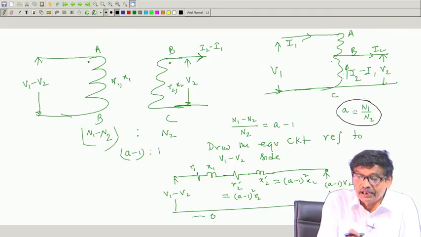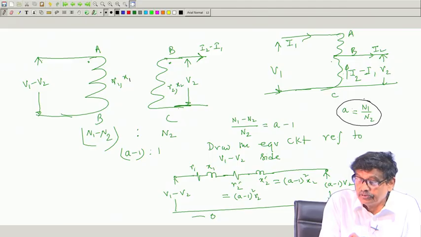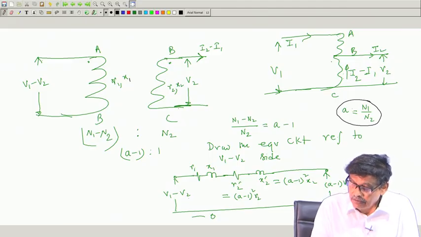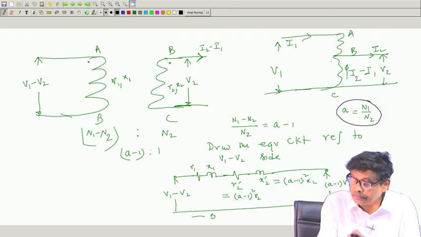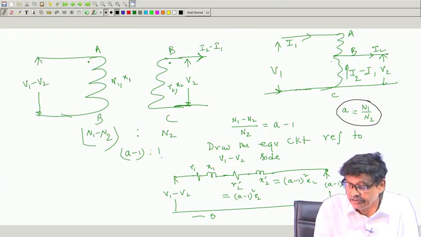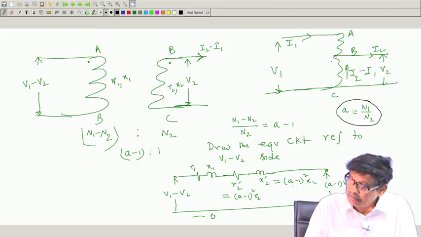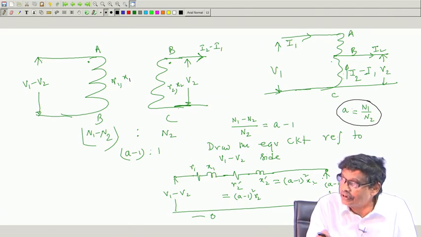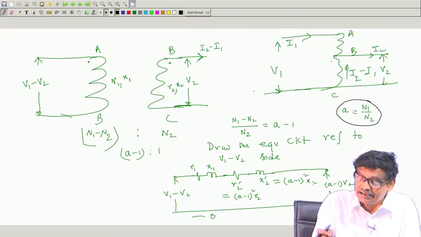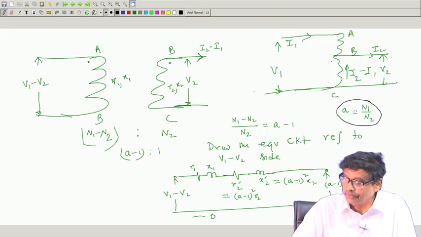Therefore, the equivalent circuit referred to the V 1 minus V 2 side of these two coils will be like this: V 1 minus V 2, R 1, X 1, then these parameters referred there with this turns ratio. So A minus 1 whole square into X 2, and R 2 dash will be A minus 1 whole square into R 2, and here you will get the actual voltage V 2 times A minus 1.